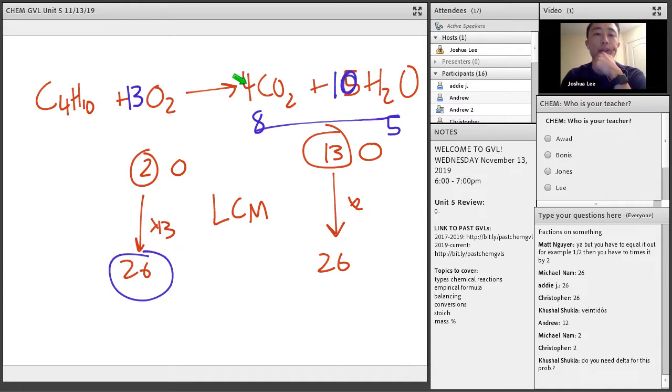This becomes 8, because then you get 16 oxygens from carbon dioxide and 10 oxygens from the water. Total of 26, but then you just have to change this to a 2. Yeah, I don't know how you would get this problem. It's trial and error.